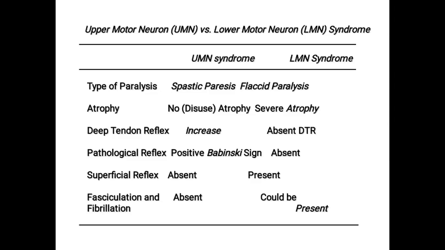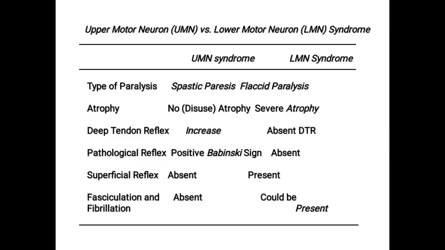The other most important is the Babinski sign. Babinski sign is positive in upper motor neuron lesion, whereas in lower motor neuron lesion the Babinski sign cannot be elicited. So what is this Babinski sign? In upper motor neuron lesion, if you stroke the outer edge of the sole of the foot with a firm tactile object or stimulus, there will be dorsiflexion of the great toe and fanning of all the small toes.